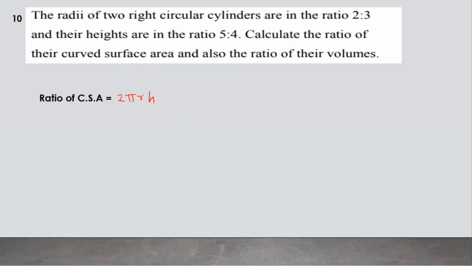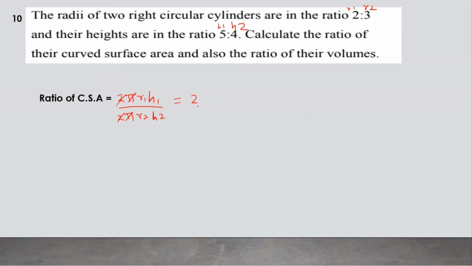So if I take this cylinder as R1 and this as R2, now this is my H1 and this is my H2. So 2 pi R1 upon 2 pi R2 and H1, H2. If I substitute, this pi and 2 is going to get cancelled. And if the radius is 2x and 3x, x gets cancelled.